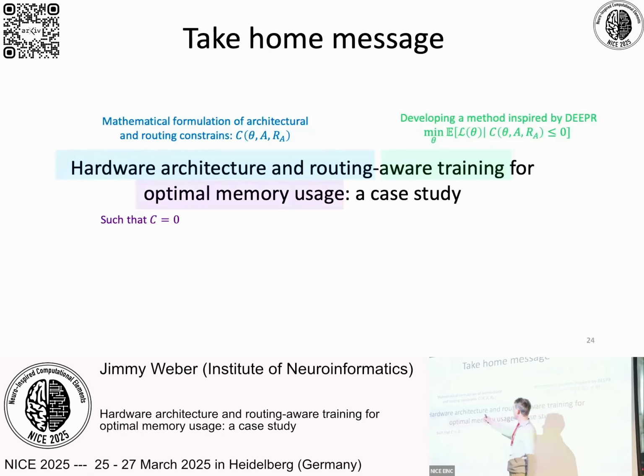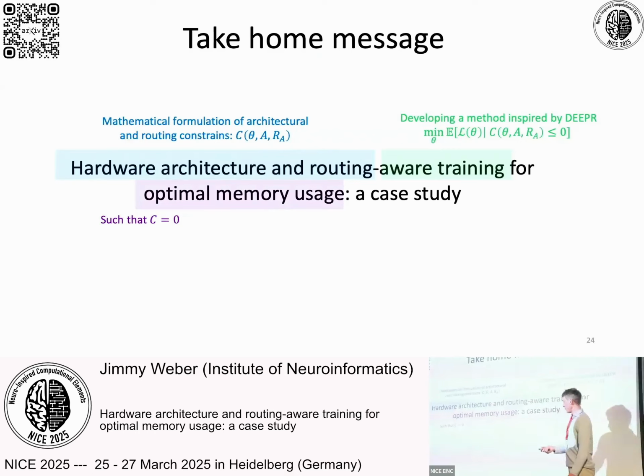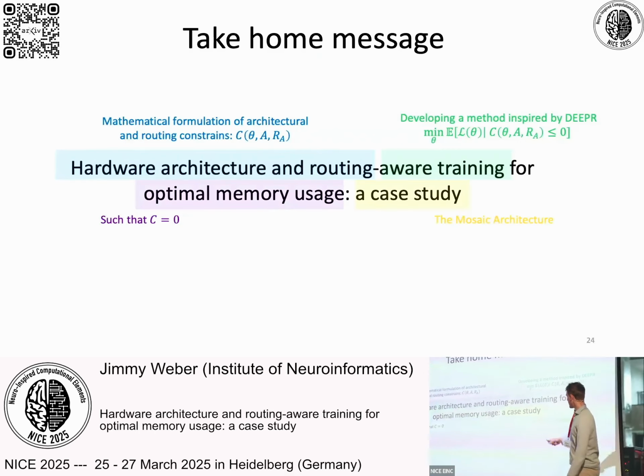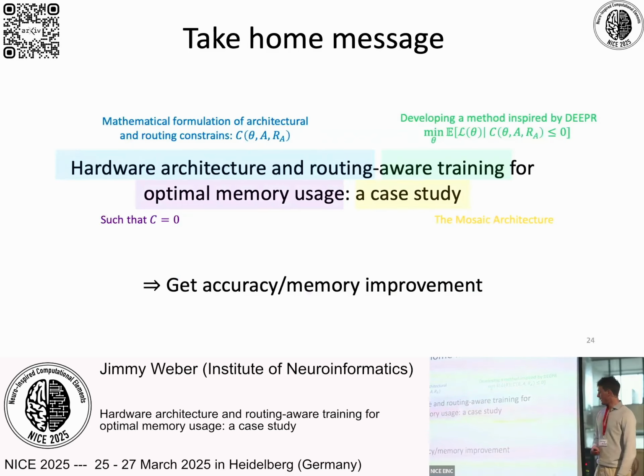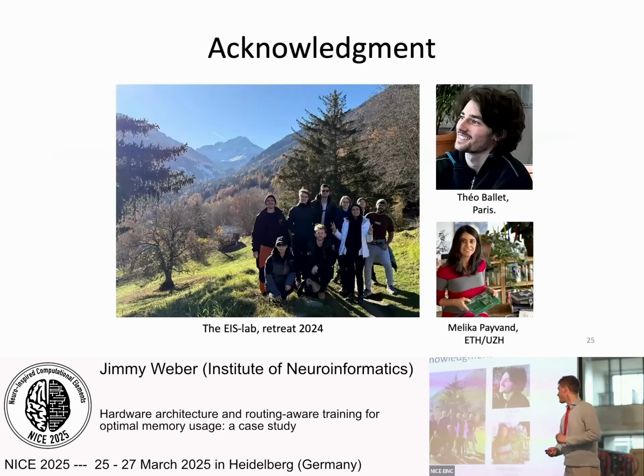We did optimal memory usage because we try to have a C at the end of our training equal to 0. And finally, the case study was the Mosaic architecture I described to you. And finally, we're able to have this nice plot where we could basically make the trade-off between resources that we want to have on our chip and accuracy.